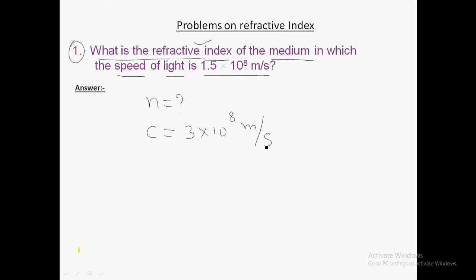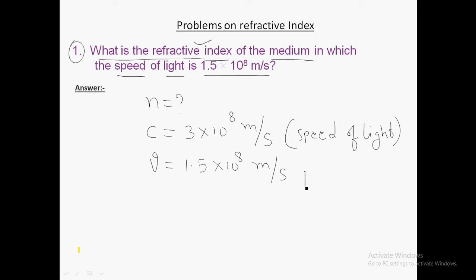And the speed of the light in the medium is 1.5 times 10 power 8 meters per second.